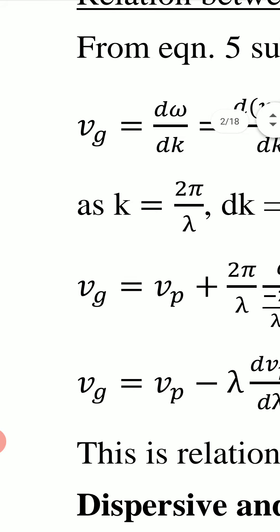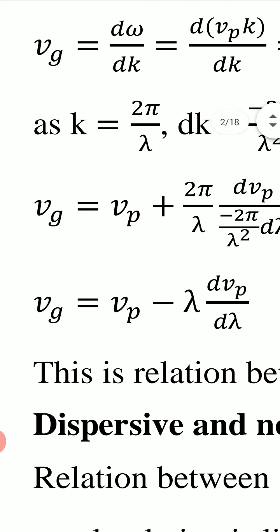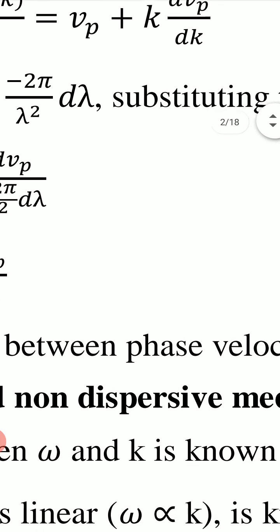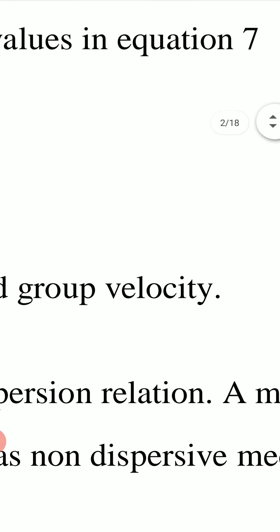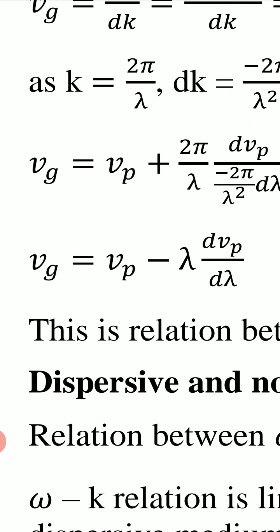We get Vg equal to Vp plus 2 pi upon lambda dVp upon minus 2 pi upon lambda square d lambda. 2 pi is cancelled out, lambda is also cancelled out in the denominator, and we get Vg equal to Vp minus lambda dVp upon d lambda. This is the relation between phase velocity and group velocity, the relation between Vp and Vg.